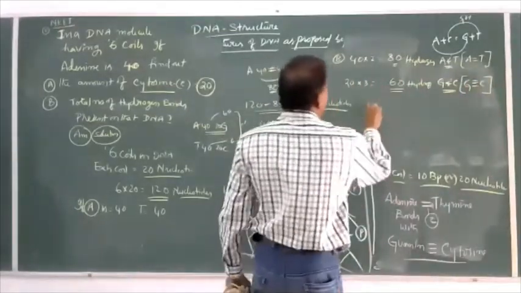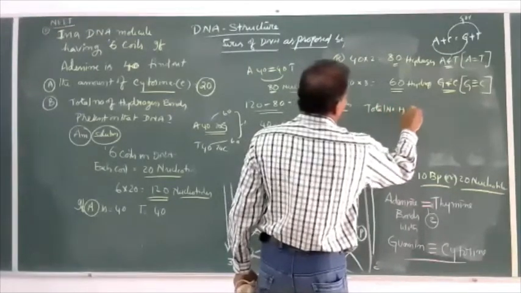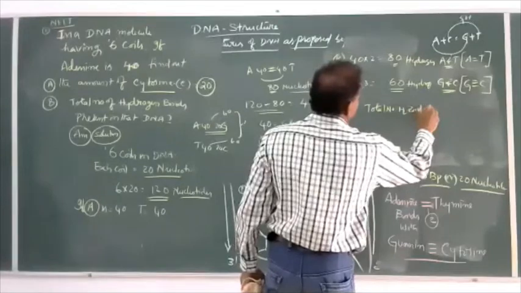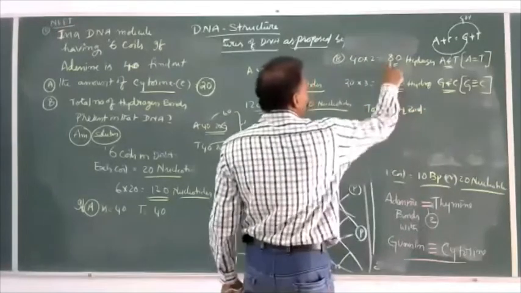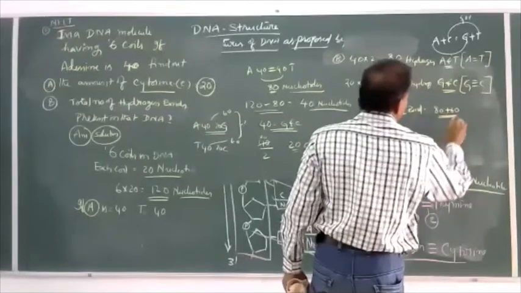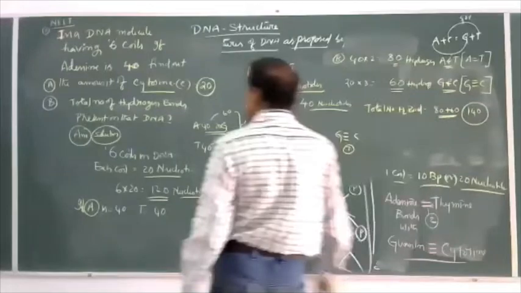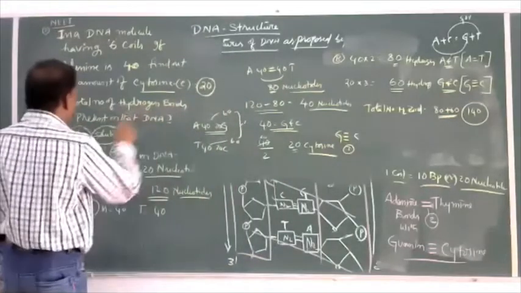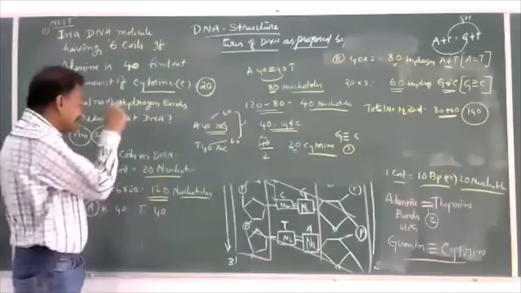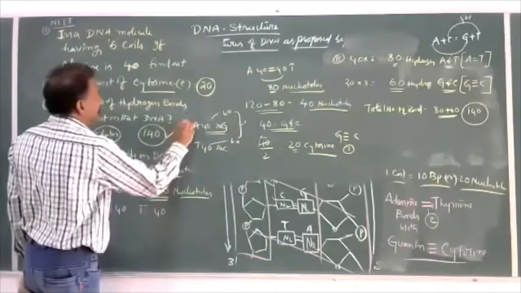Now the total number of hydrogen bonds is equal to 80 plus 60. The answer for the total number of hydrogen bonds present in that DNA is equal to 140.